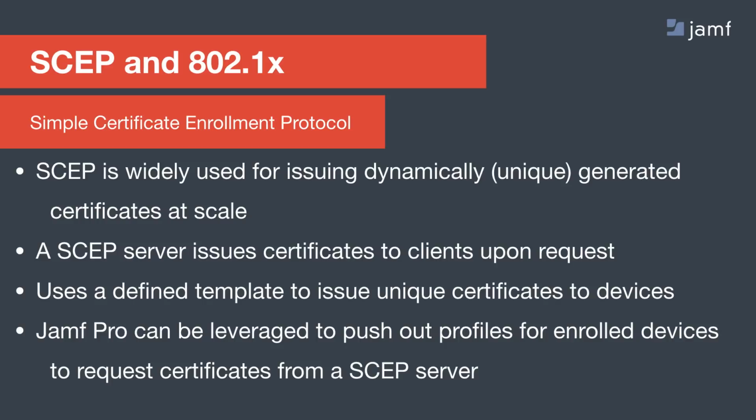In fact, Jamf Pro is using SCEP to issue those enrollment certificates. SCEP makes use of a defined template to generate those certificates for devices whenever they're requesting it. Within Jamf Pro, we can push out a profile to have enrolled devices request a certificate from that SCEP server, which is pretty versatile for connecting to a variety of services, wireless just being probably the most obvious for most people.